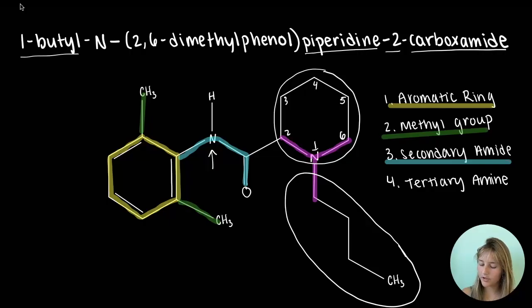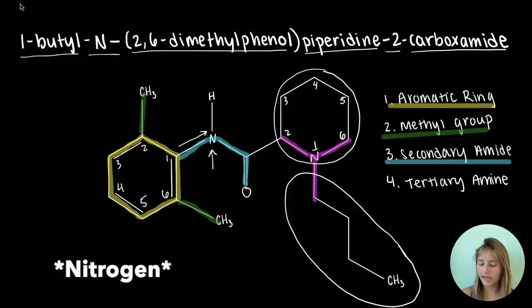Then we have 2 methyl groups attached to carbons 2 and 6 on the aromatic ring, so we get 2,6-dimethylphenol. And then to indicate that the aromatic ring is attached directly to a carbon, we add an N. This gives us 1-butyl-N-2,6-dimethylphenol piperidine 2-carboxamide.